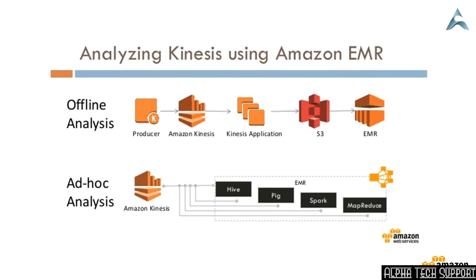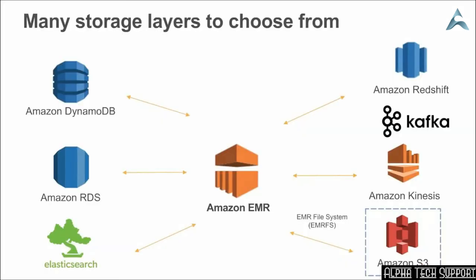We have the option of many storage layers to choose from. EMR may store the data in certain formats, either with DynamoDB, RDS, or Elasticsearch, using Amazon Redshift, or you can perform big data analysis using Amazon Kinesis, or simply store your data in S3 buckets.